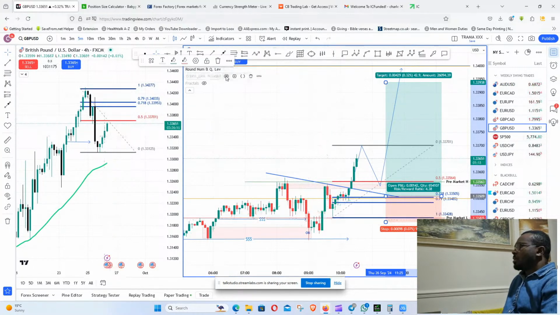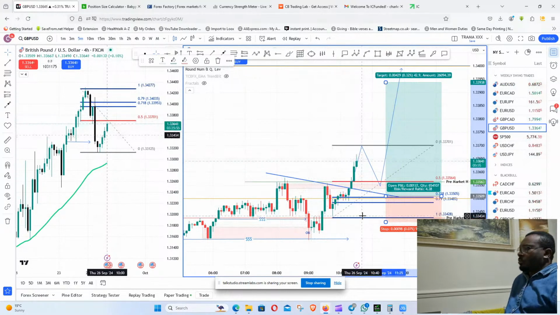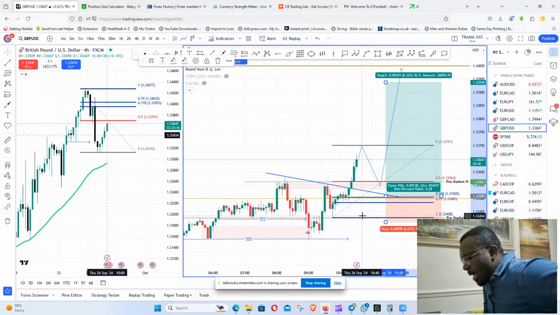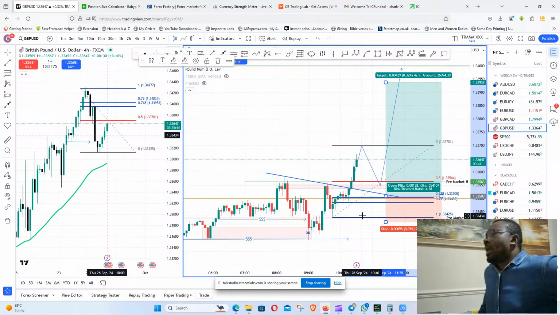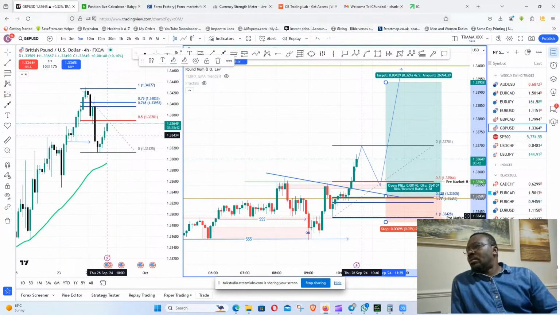Messed up there. So let's wait for a pullback, and on that pullback, we'll be able to get in.